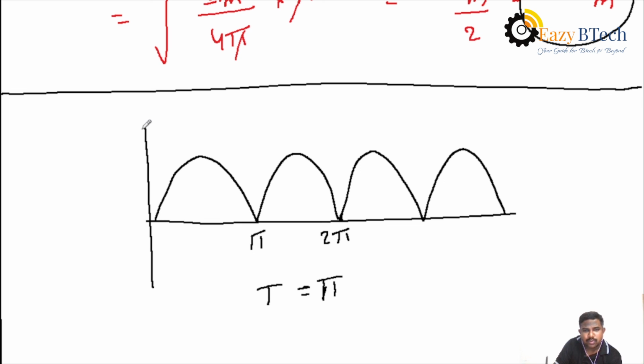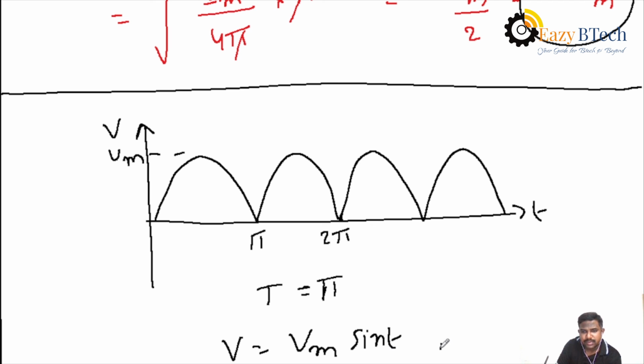In the same way, suppose the given function is V, voltage, and the x-axis is also t. What is the function value here? V equal to the maximum value Vm, that is Vm sin t in the range 0 to t less than pi here. Okay, we know the limits are 0 to pi.